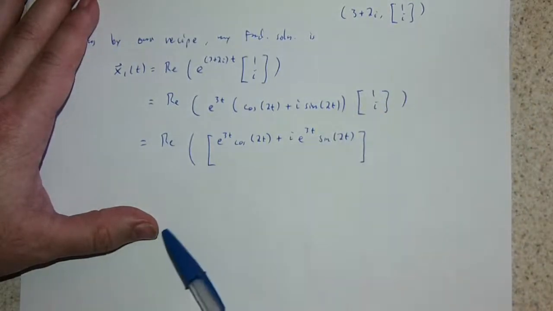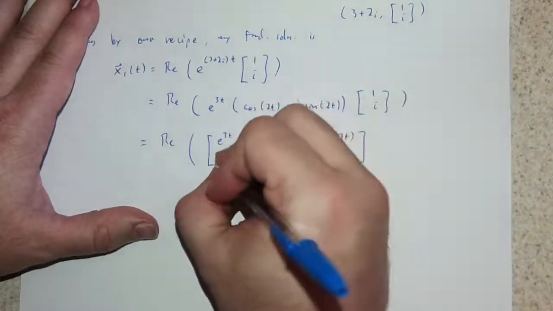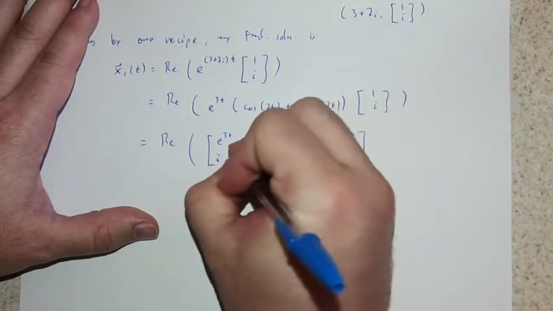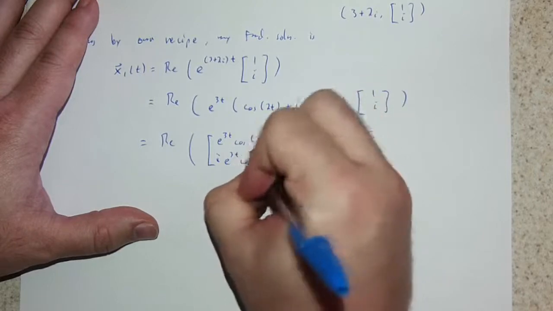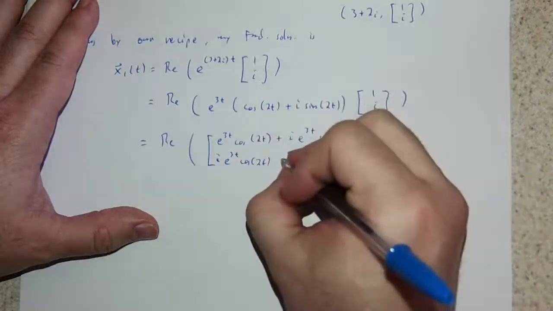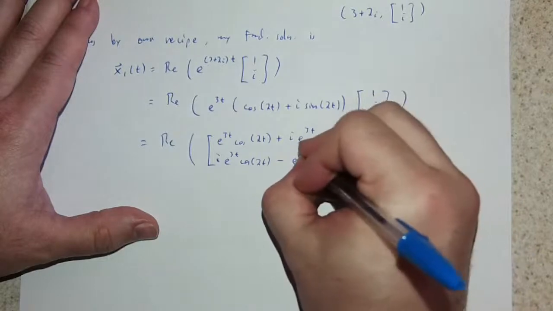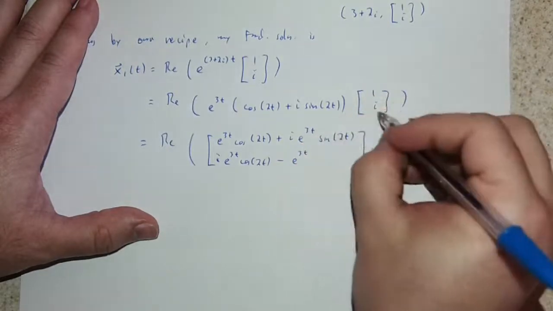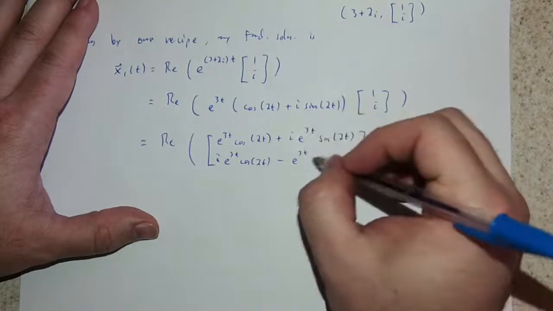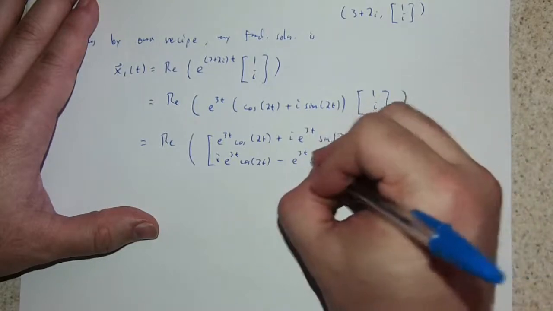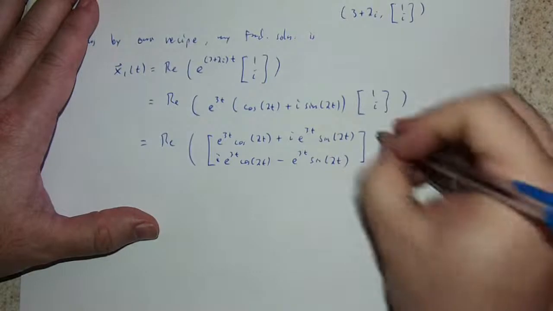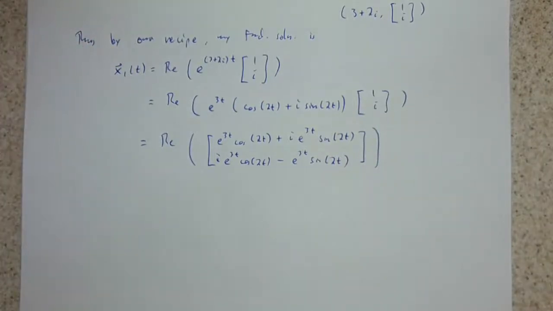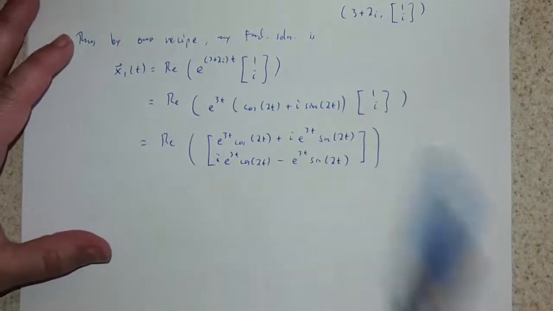In the second slot, this would be i e to the 3t cosine of 2t minus e to the 3t, because this is i times i, so i squared, which is minus 1. So this would be minus e to the 3t sine of 2t. Now, you may be able to figure out what the real or imaginary part is of this quantity without writing this out. That's perfectly fine. This helps us to see what it is that's going on here.